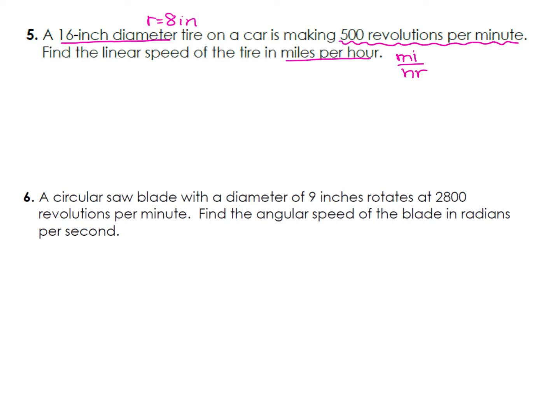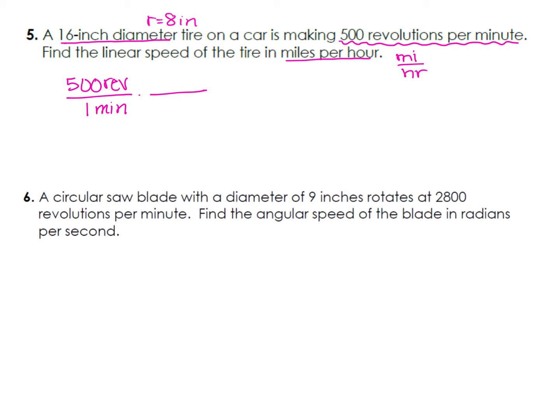So determining where you want to end up is a good place to start, so we know the distance is in the numerator and the time is in the denominator. So when we write our 500 revolutions per minute, we know we have 500 revolutions in 1 minute. So we have to convert revolutions this time all the way to miles and minutes into hours.